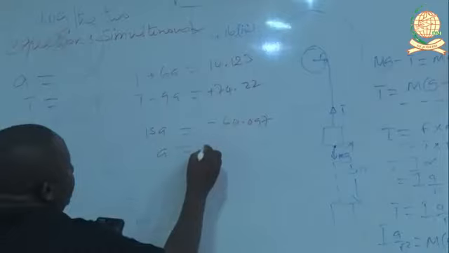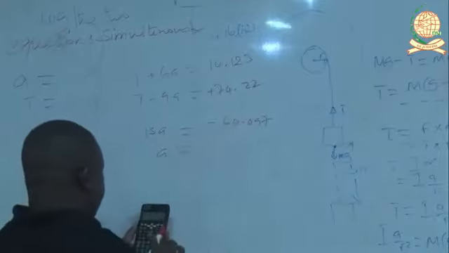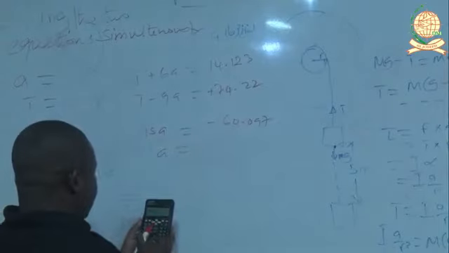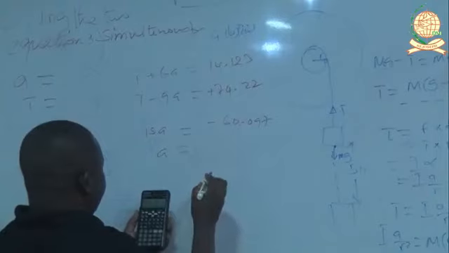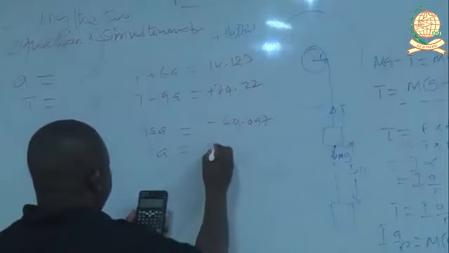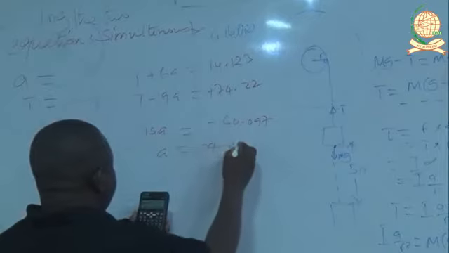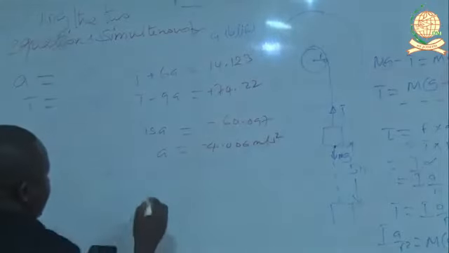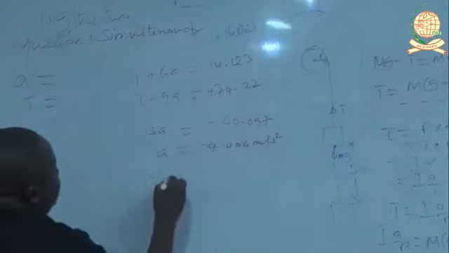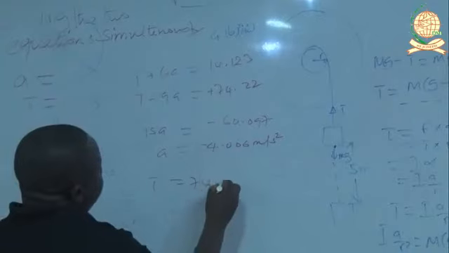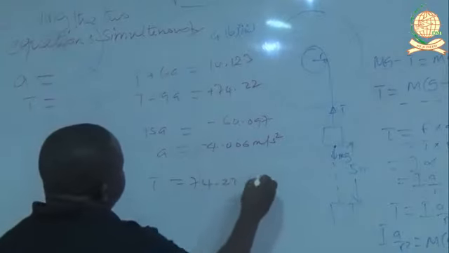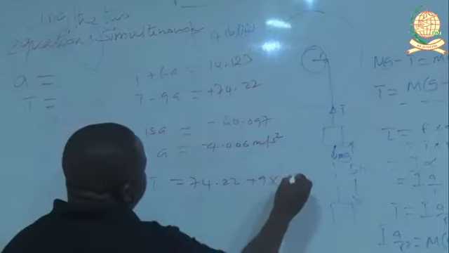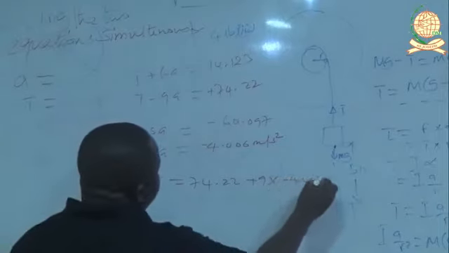So A will be equal to almost 4.006 meter per second square. And then you can go back to find the t. So t will be equal to 74.22 plus 9 times negative 4.006.